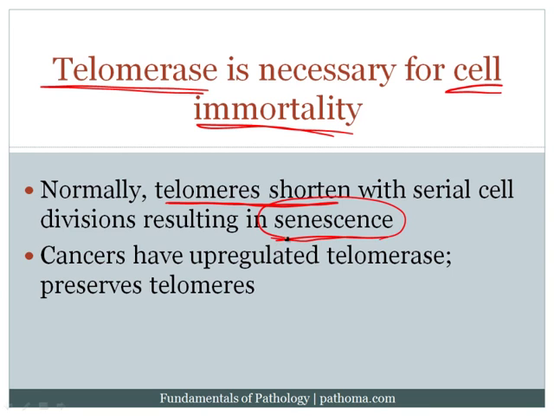They need to keep dividing, and the cells are basically immortal. That's how cancer works. And so cancer often has upregulated telomerase, which preserves the telomeres so that cancer cells can avoid senescence. That's an important general principle concerning cancer cells.